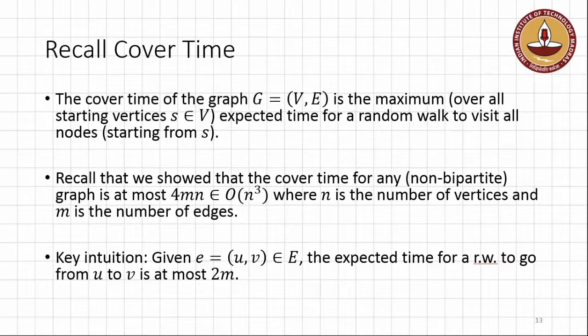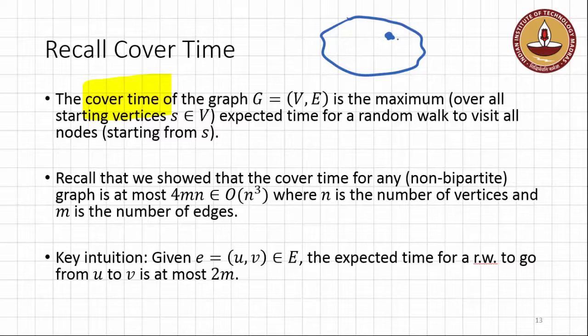We first defined something called the cover time, which is basically the maximum over all the possible starting vertices S, where V is the set of all vertices, of the expected time for a random walk to visit all nodes starting from S. So if you have a graph and one candidate vertex, you start a random walk from that vertex and ask what is the expected time to cover or touch all other vertices.